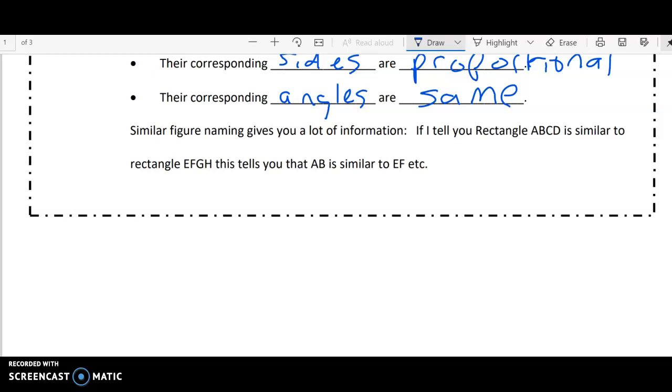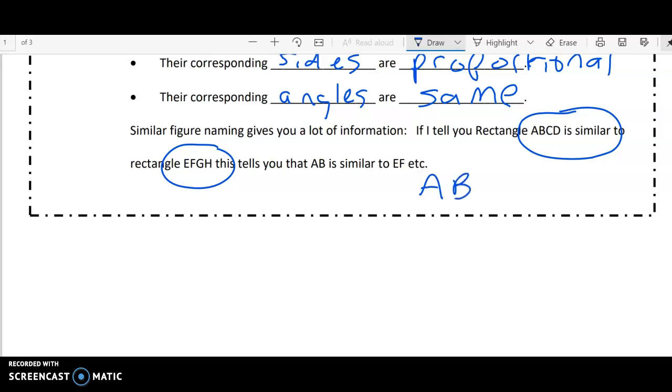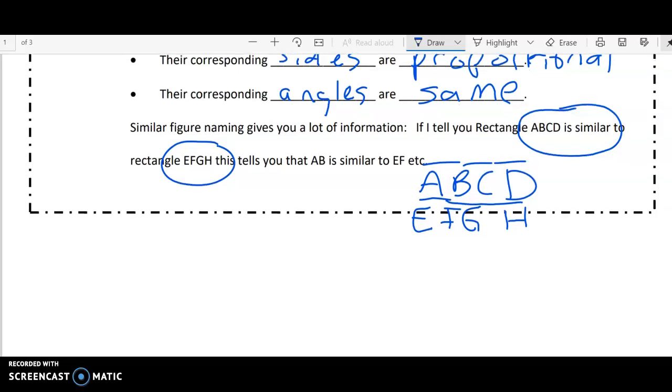So anytime you see this phrase right here, I want you to write ABCD, and then right below it EFGH, because that says AB is similar to EF, BC is similar to FG, CD is similar to GH. That will help you. And in some problems, if you know what to look for, that's going to make a similar problem that much easier.